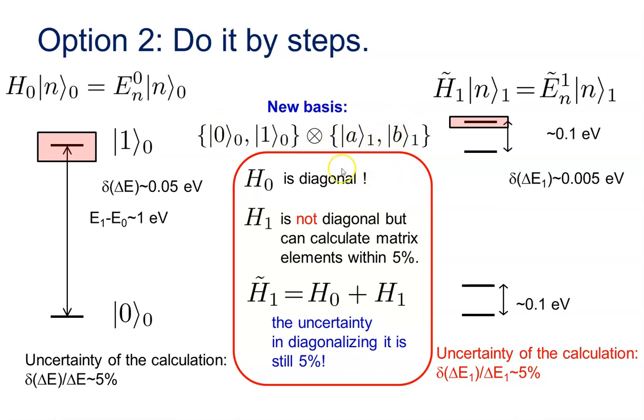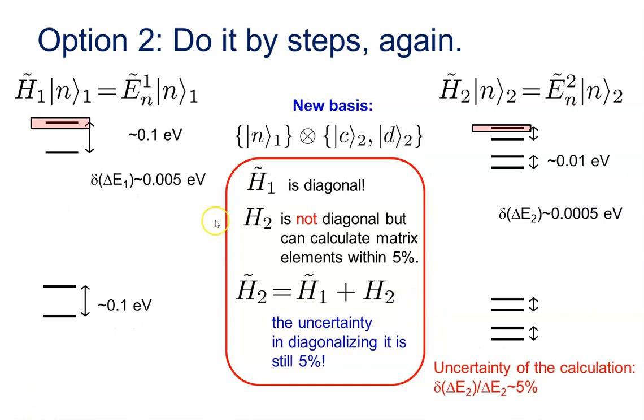And the Hamiltonian will not be diagonal in this basis, but it will be in this one. So the only thing that you need is to diagonalize in this new basis, so your uncertainty would still be 5% on the next energy scale.